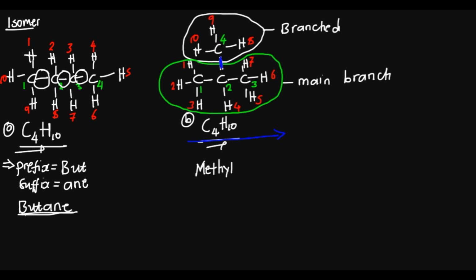Now if we move from here in this direction, this is carbon 1, then carbon 2, carbon 3. So either direction, we get the same number. If we move from left to right, it's position 2; right to left, it's position 2.